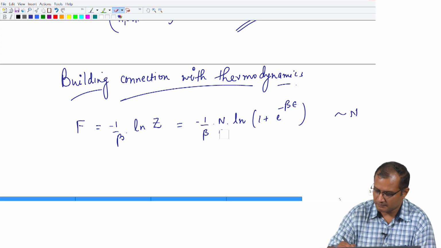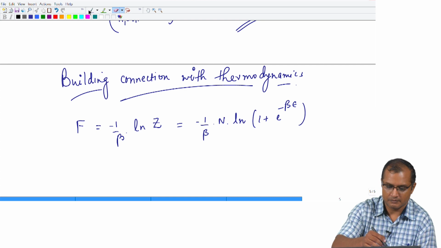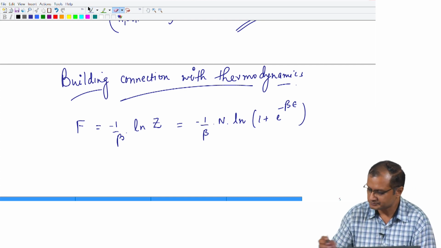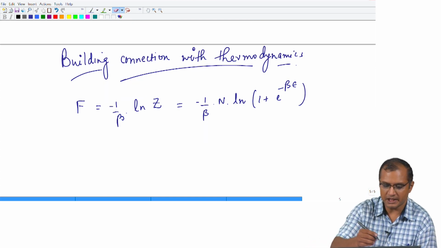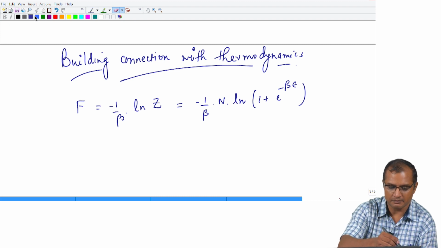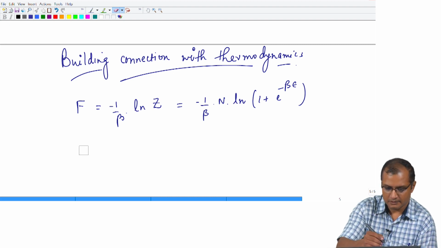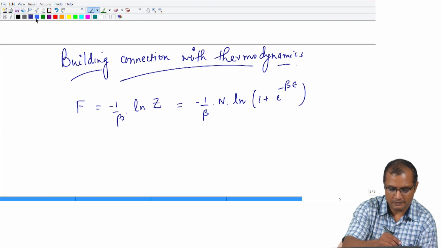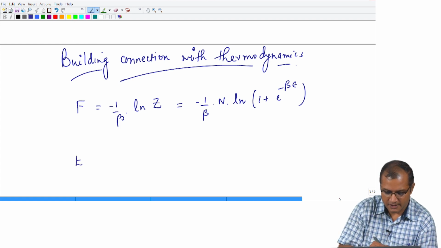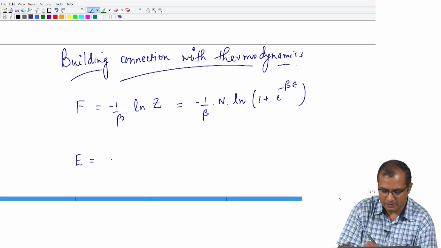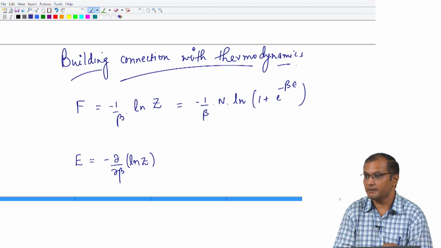So, now I can compute the total energy of the system. The total energy is very straightforwardly computed, it is minus of d by d beta of ln Z. Okay.